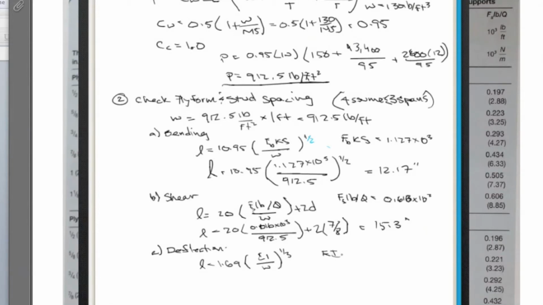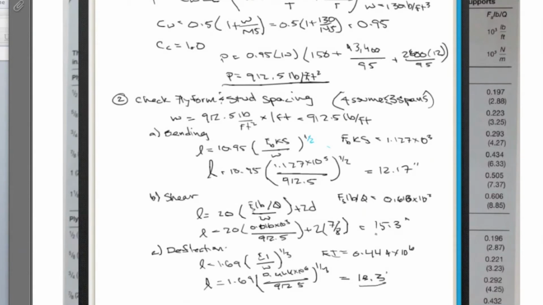EI in the table was 0.444 times 10 to the 6. So we get 1.69 times 0.444 times 10 to the 6 divided by 912.5, all that to the 1/3. We get a spacing for deflection of 13.3.